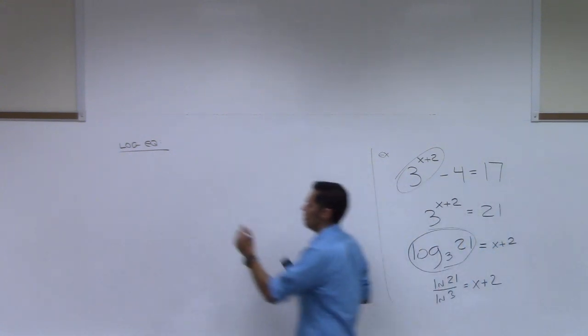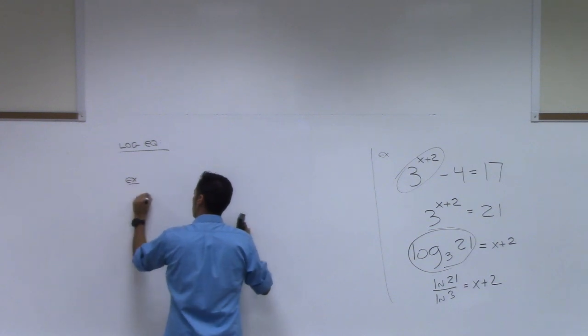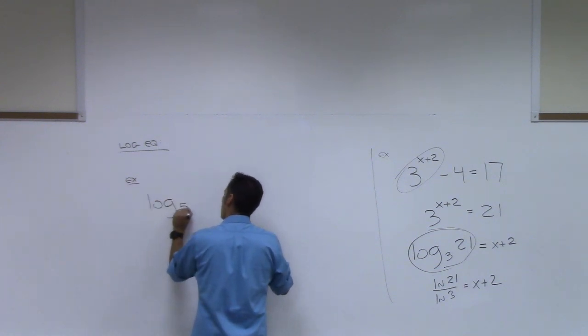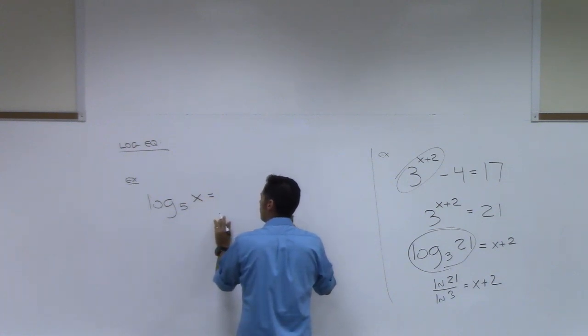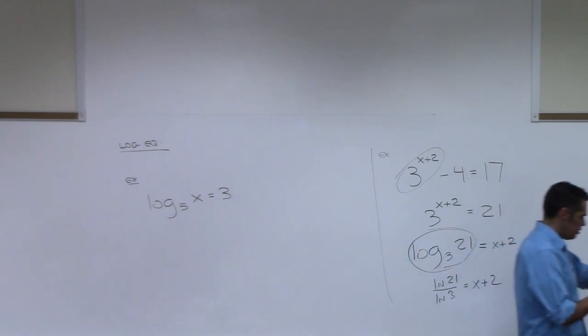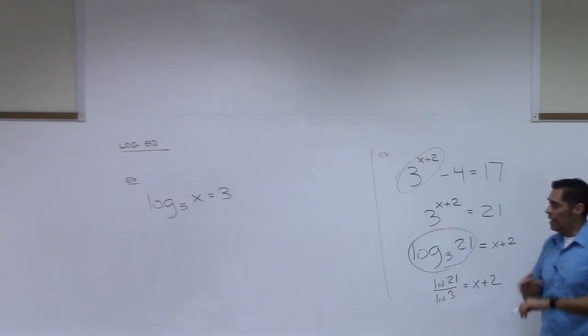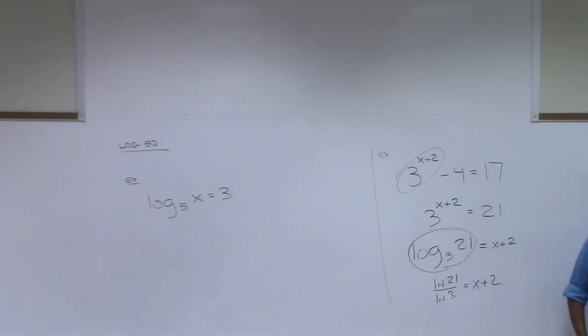So I'll write one out here. Example: log base 5 of x equals 3. You could actually tell me what that answer is. What is x here, if you understand how logs and loops work?